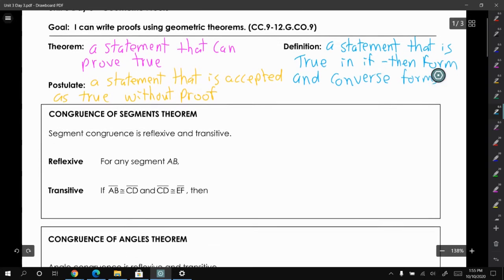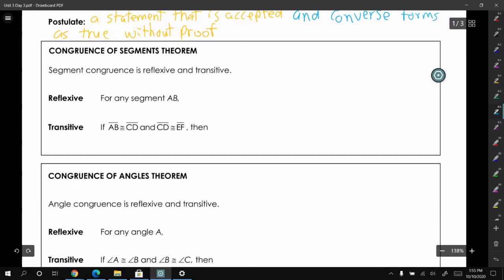So now let's talk about some of the congruence theorems for segments. We have the reflexive property of congruence, where a segment is congruent to itself.